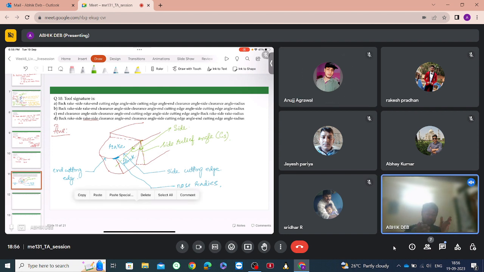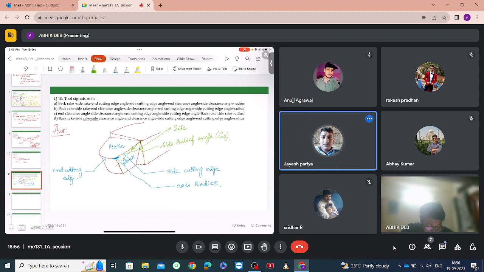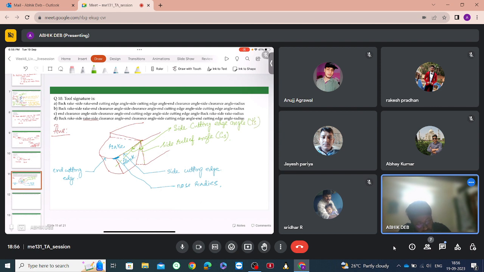Clearance is given to the flank surface. This is the side cutting edge angle. The side cutting edge comes in contact with the workpiece. So for the gradual contact with the workpiece, we provide this angle, which is called the side cutting edge angle, denoted as say psi s.